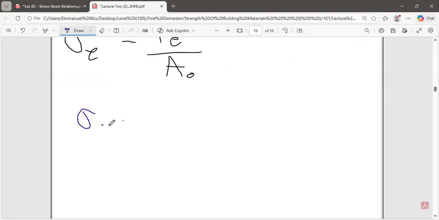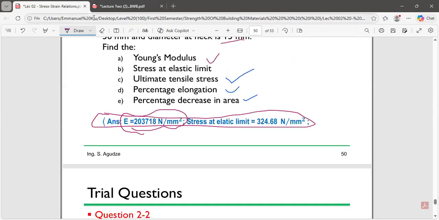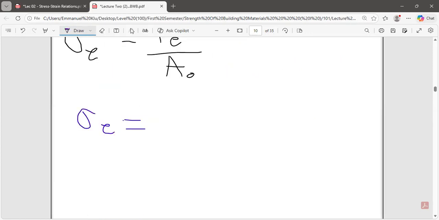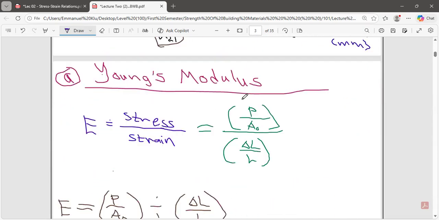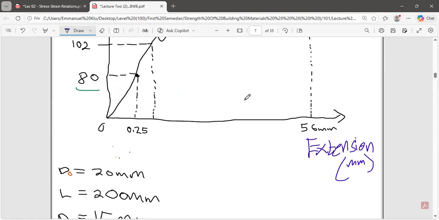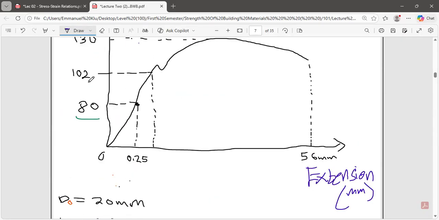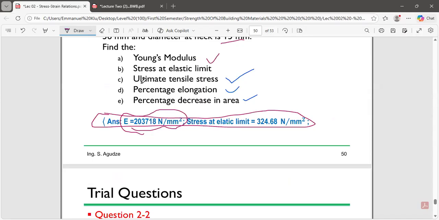So our stress at elastic limit now becomes equal to, let's go back to the question, and our load at elastic limit, or even let's go back to our page 1 and look at our drawing. This is the drawing.